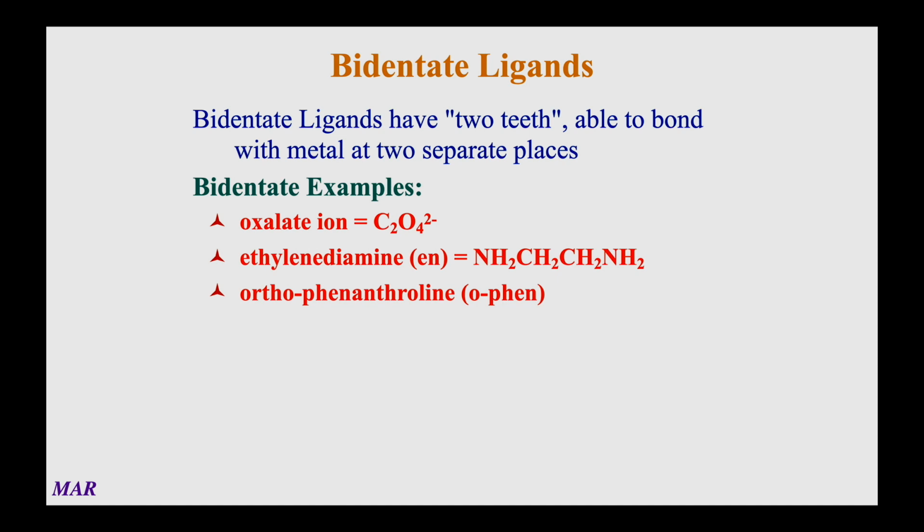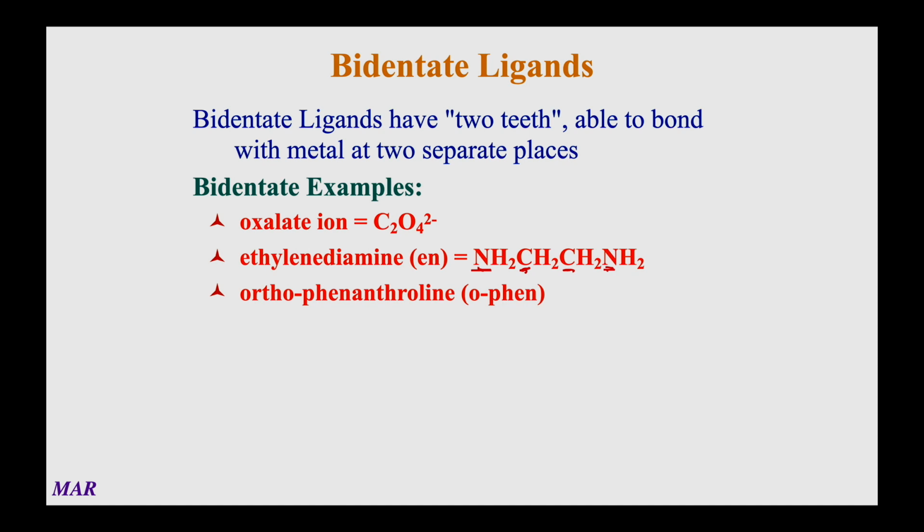Ethylene diamine, so diamine, 2 amines, and if you remember from organic chemistry, an amine is a nitrogen-containing compound. Ethylene is kind of a common name for ethene or an ethane. It's 2 carbons, all right? So ethylene diamine has a 2-carbon center, and on each carbon you have 1 nitrogen, 1 amine group.